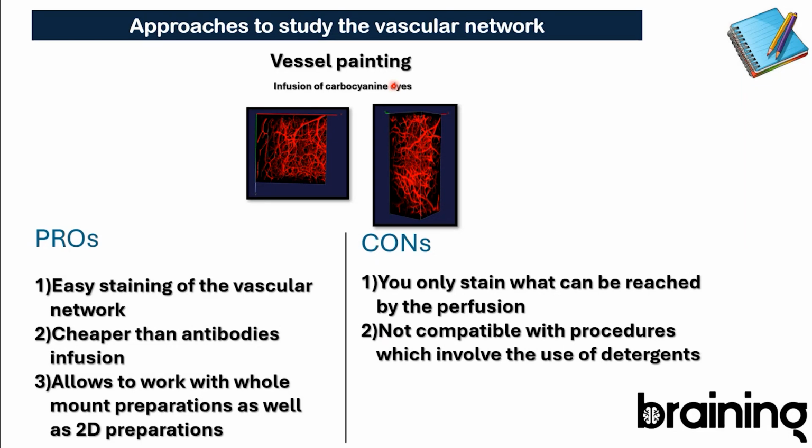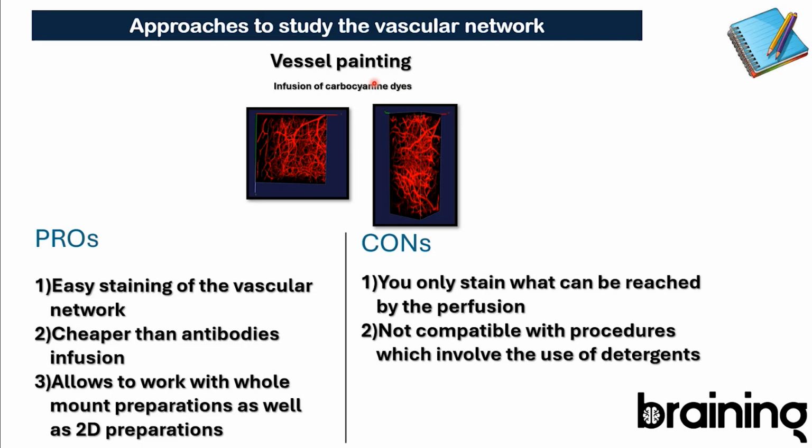So what you usually do when you want to fix the brain in order to analyze it for histology. So before fixing the brain with formaldehyde, you inject this solution which contains a dye like this one, which is based on carbocyanine.